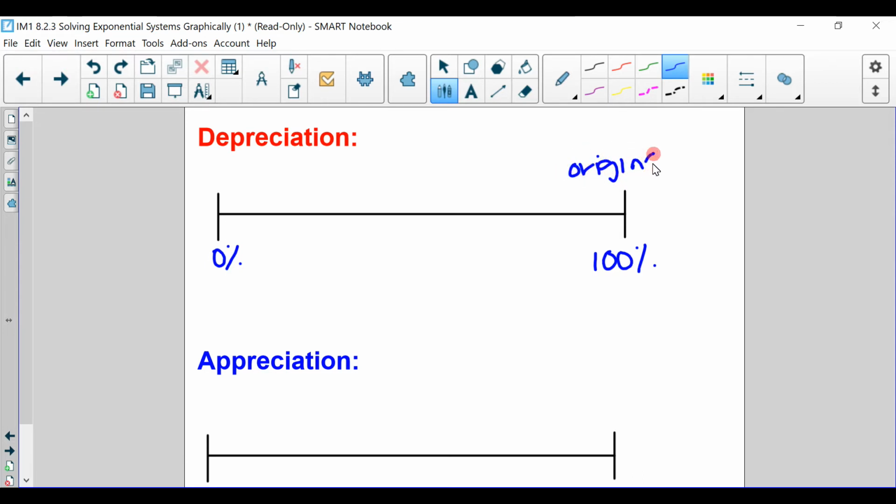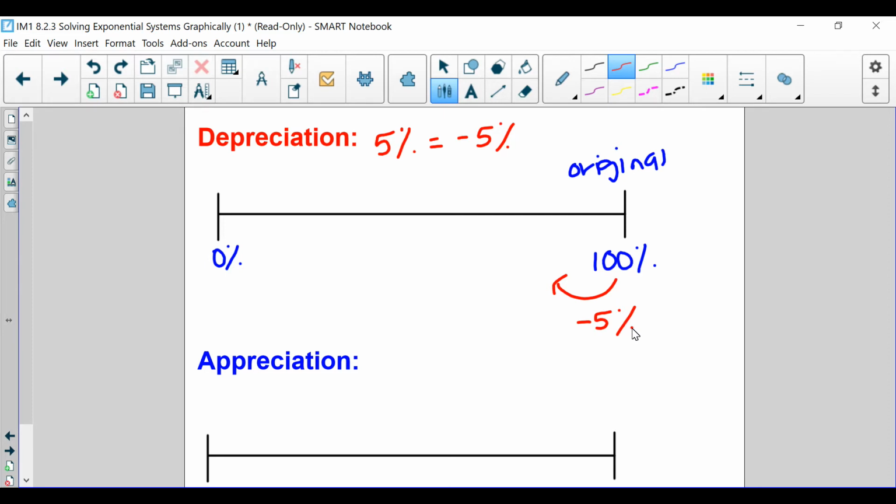And what you're going to notice is that when you have a depreciation of 5%, that really just means subtracting by 5%. So when you subtract by 5%, are you going to go to the right or to the left? Well, decreasing means it gets smaller, right? So since it goes smaller, we're going to go to the left-hand side and say it goes minus 5%.